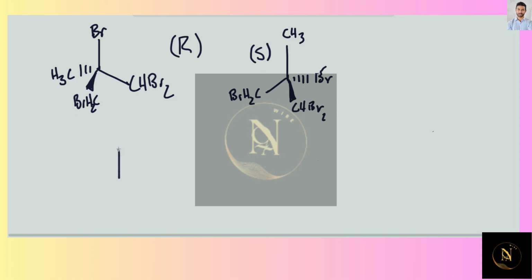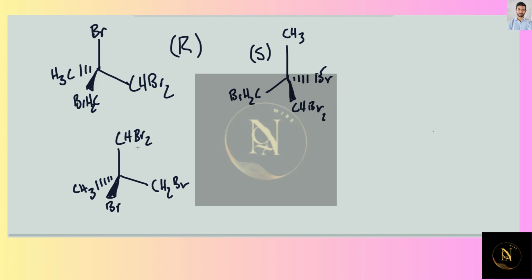Now we've got a bond straight up to CHBr2, down and to the right to CH2Br, a wedge to bromine, and a dash to our methyl.